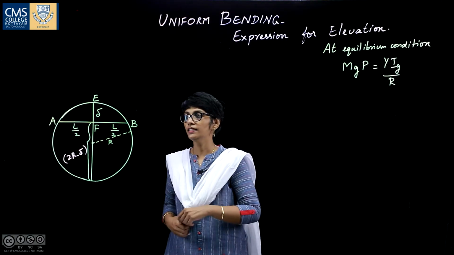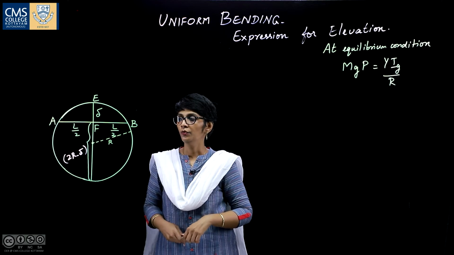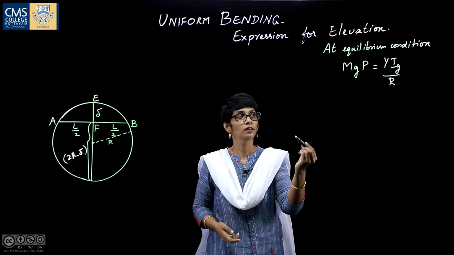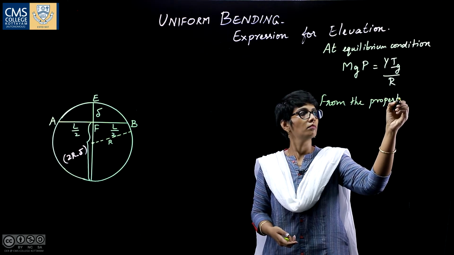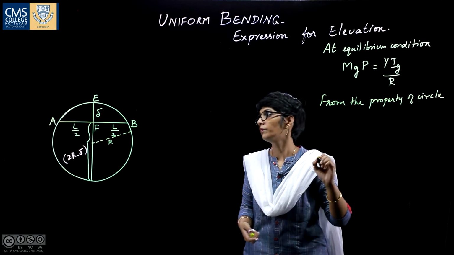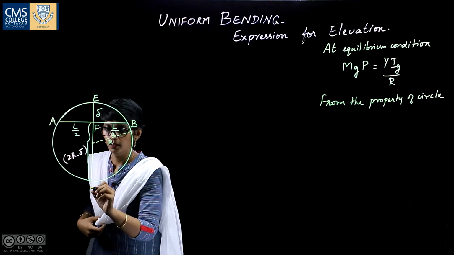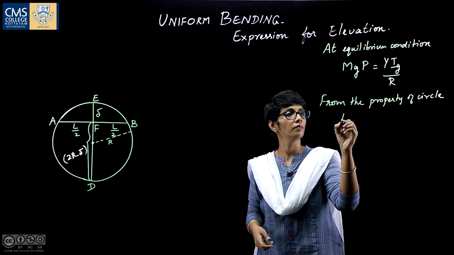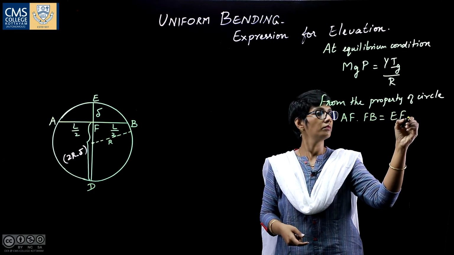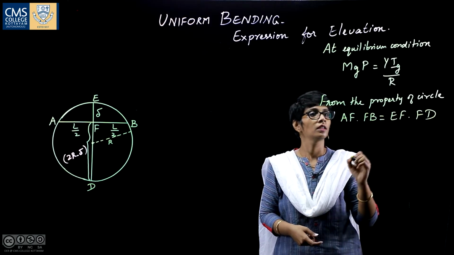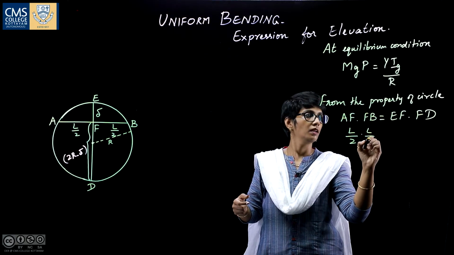The bent beam is like an arc of a circle having radius of curvature R. From the property of a circle, AF into FB is equal to EF into FD, where AF is L by 2 and FB is L by 2.